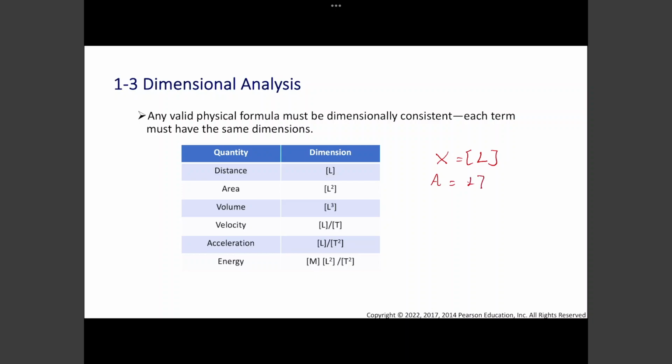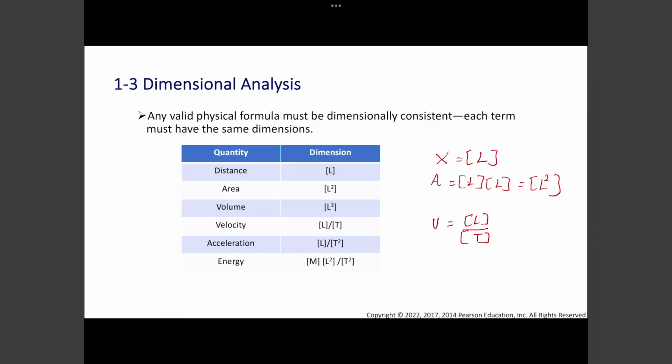So it is L times L, or L squared. And let's look at another example. Velocity has a dimension of length per time. Thus we can write [v] equals L over T.